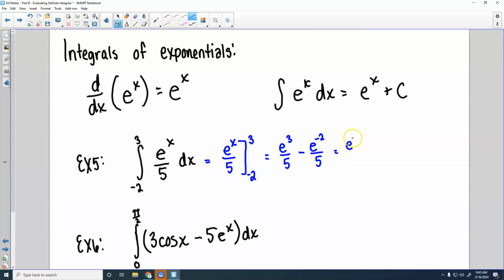They might move that e squared back down to the bottom, and you'll have 1 over 5e squared. They might even get common denominators, which means you would have to multiply this by e squared on top and bottom, and you would end up with like e to the 5th minus 1 over 5e squared.